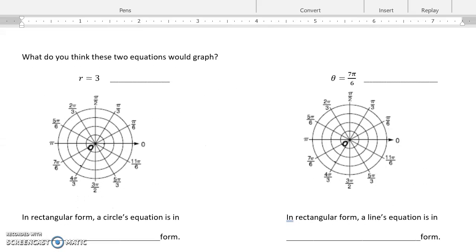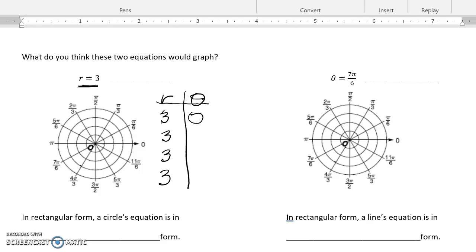What do you think these two equations would graph? r equals 3. To me, that says all my radii are 3. If I were to make a t-table, that would mean that all my radii are 3. It doesn't matter what my theta is.